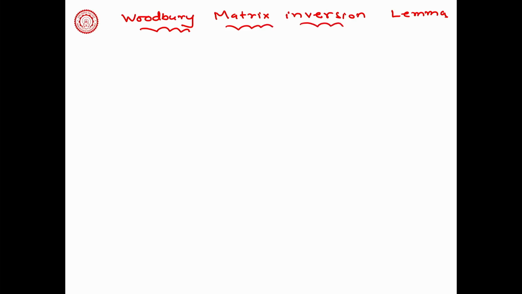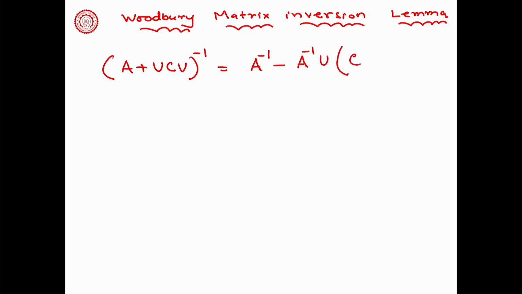It basically takes the following form: suppose you want to invert A plus UCV. So, it has to be of this form. If something can be written of this form, then its inverse is equal to A inverse minus A inverse U times C inverse plus V A inverse U, inverse, times V A inverse.